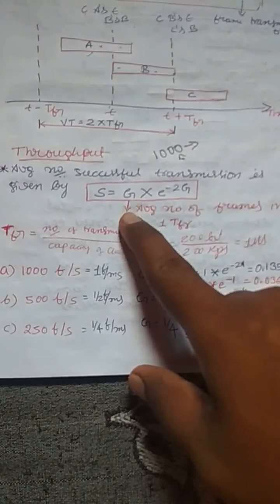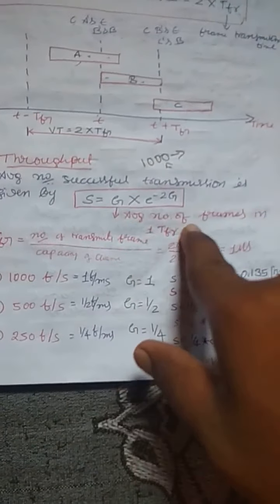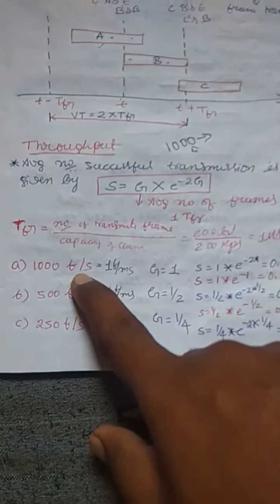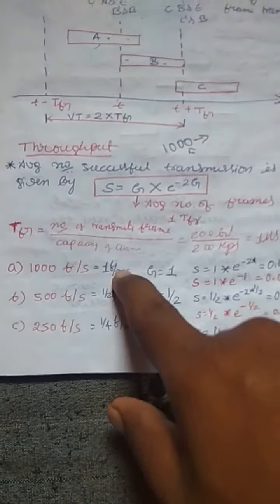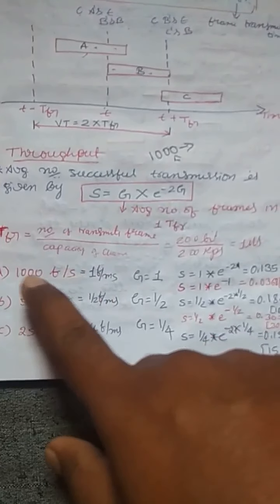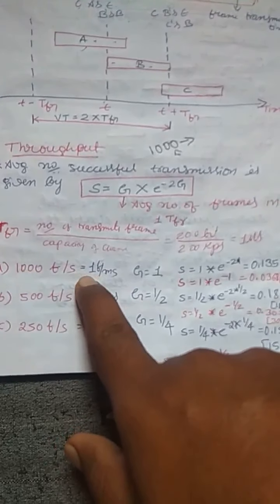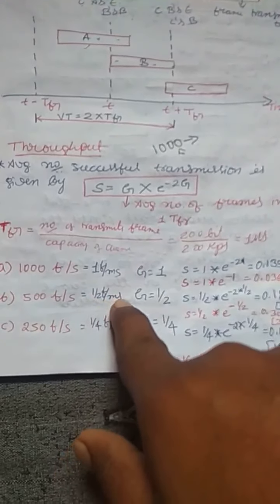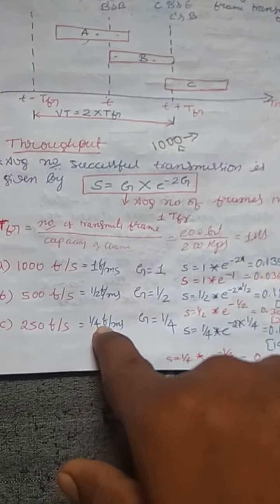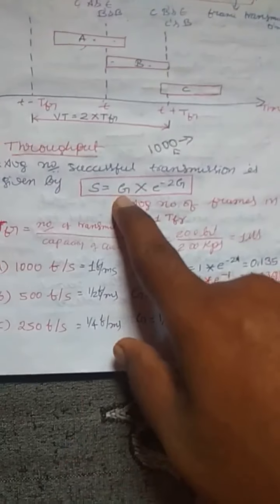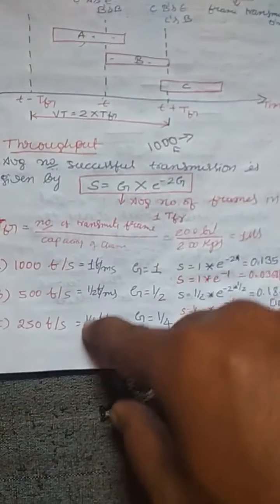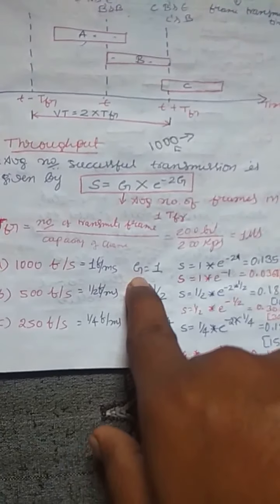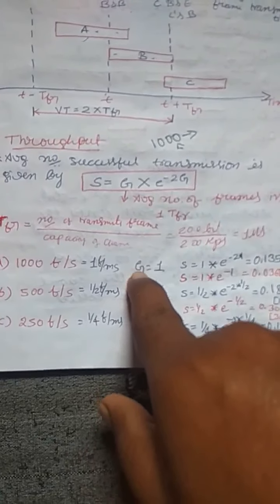Here I told that G represents the average number of frames in one frame transmission time. We convert it into milliseconds, which means 1 frame per millisecond, half a frame per millisecond, 0.25 frame per millisecond. Then the value of G is equal to 1.